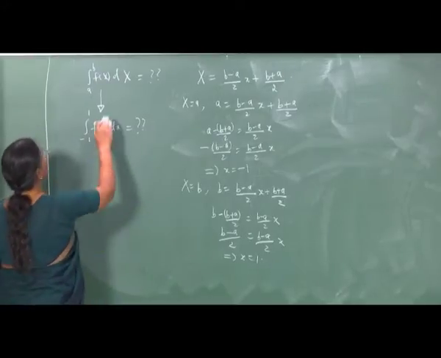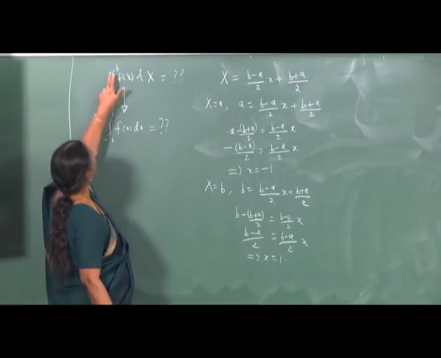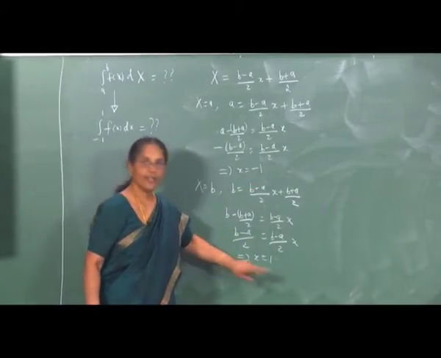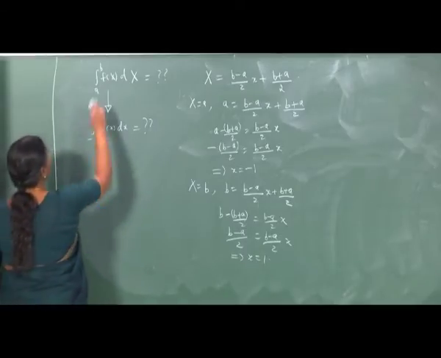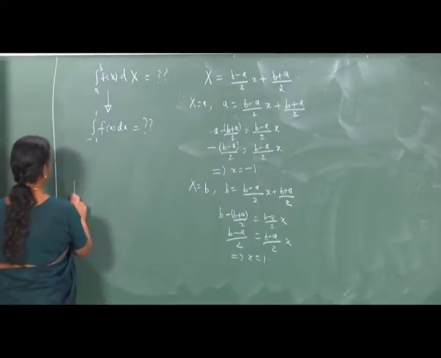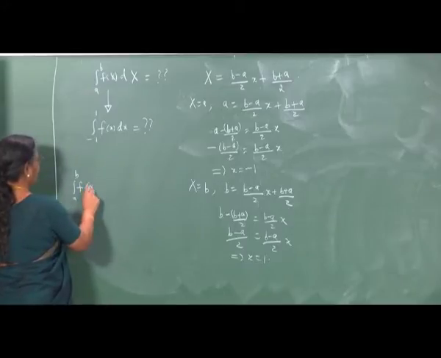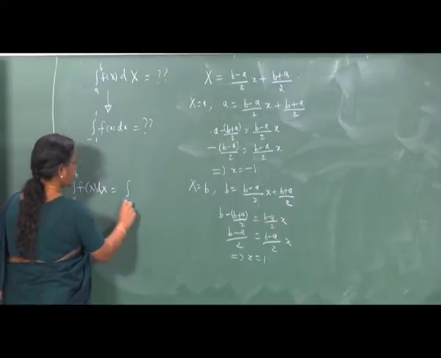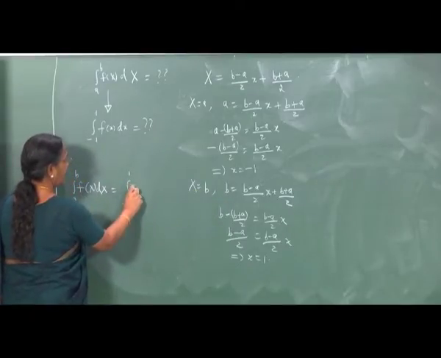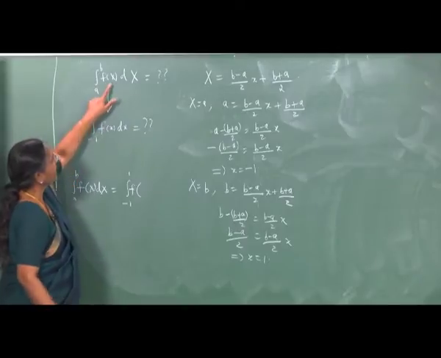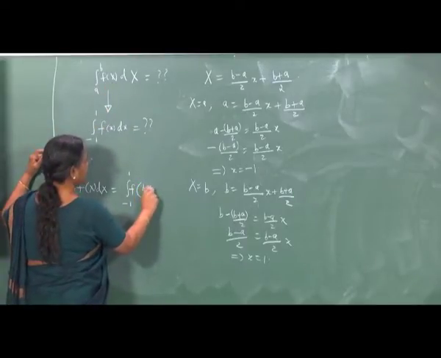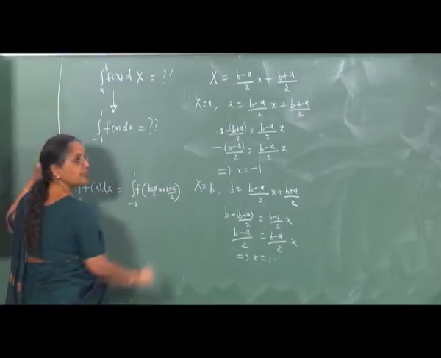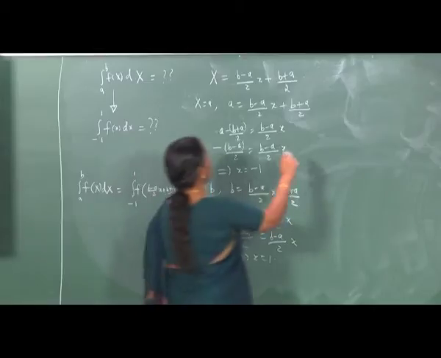So, therefore, when capital X varies between a and b, small x varies between minus 1 and 1, and therefore, this integral a to b f of x dx will be equal to, under this transformation, minus 1 to 1 f of, what is capital X? Capital X is b minus a by 2 into small x plus b plus a by 2. And what is d capital X?